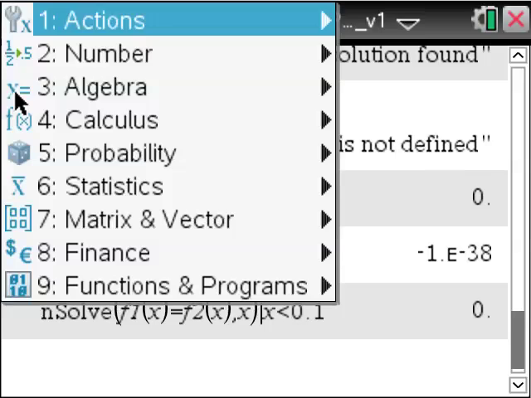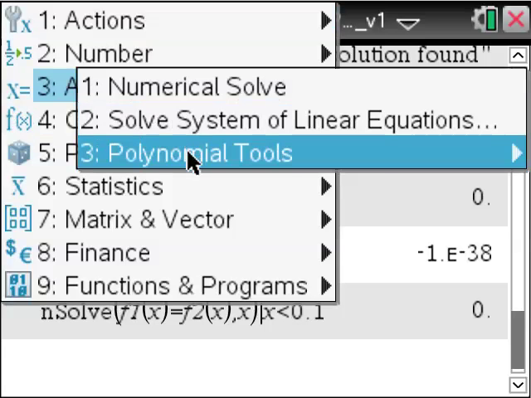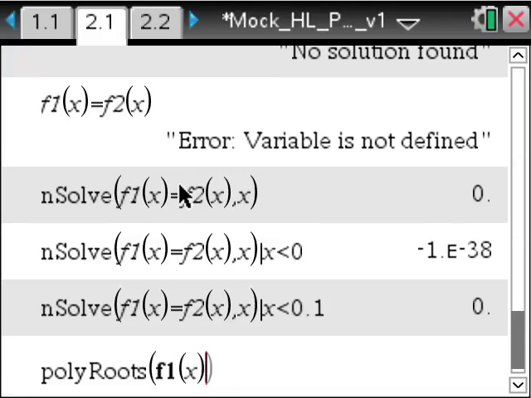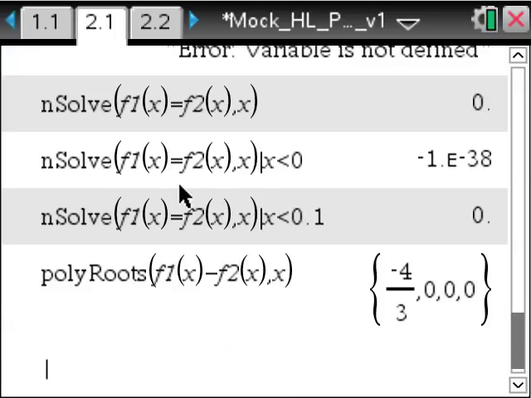Let's try that again. Menu, algebra, polynomial tools, and do real roots of the polynomial. And if we do f1 of x, subtract off f2 of x, and solve it for x, we do indeed get the minus 4/3. And we've got 3 solutions when x is 0. So there we go. We have our x coordinate for point Q.